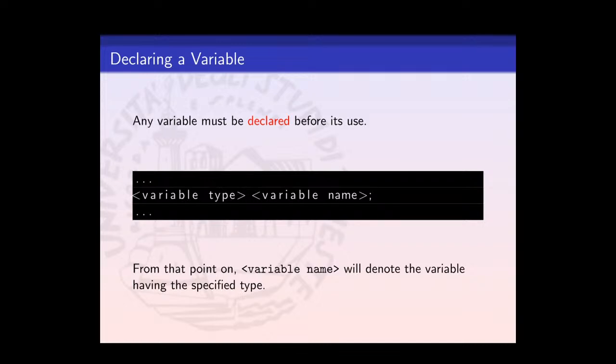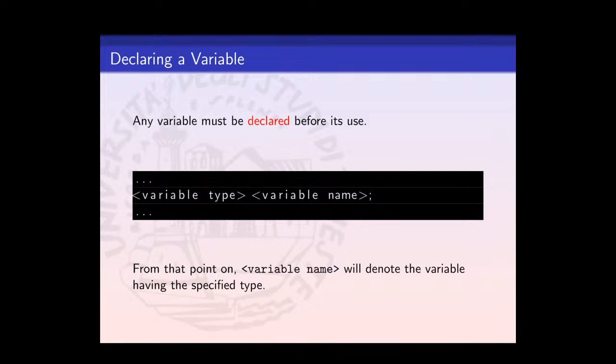If you come from Fortran or Java or C++ or whatever, for sure you already know what I'm talking about here, but if you're coming from Python, for instance, this is not the case. So in the C programming language, you have to declare a variable before using it.